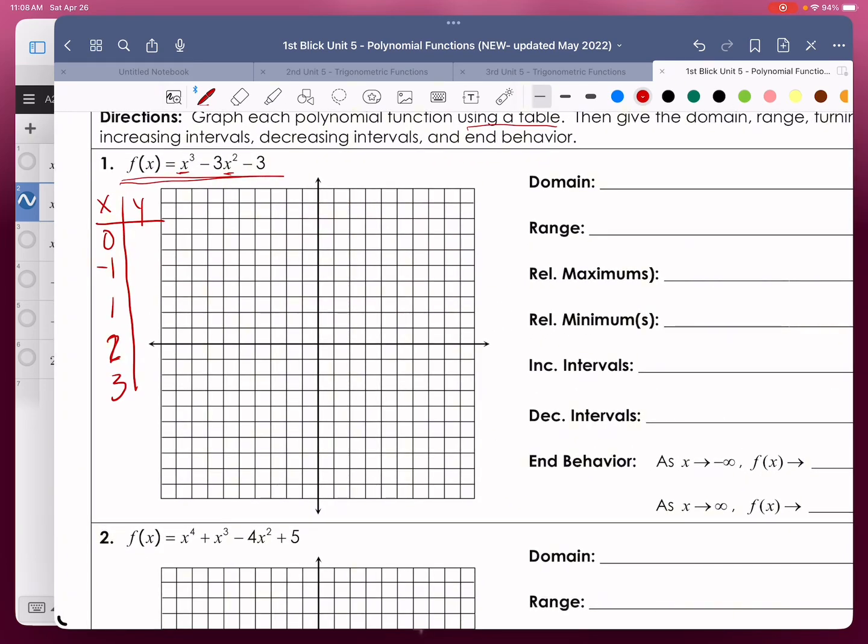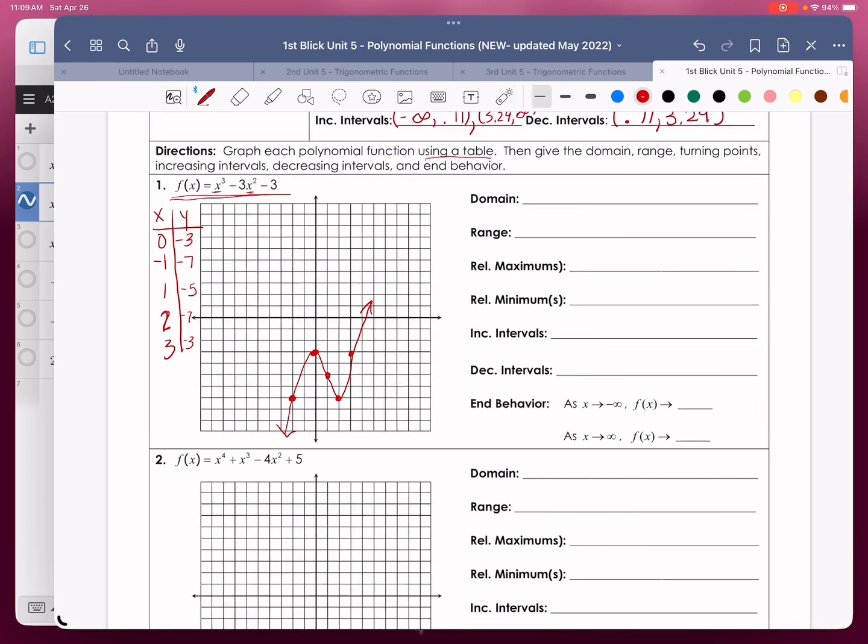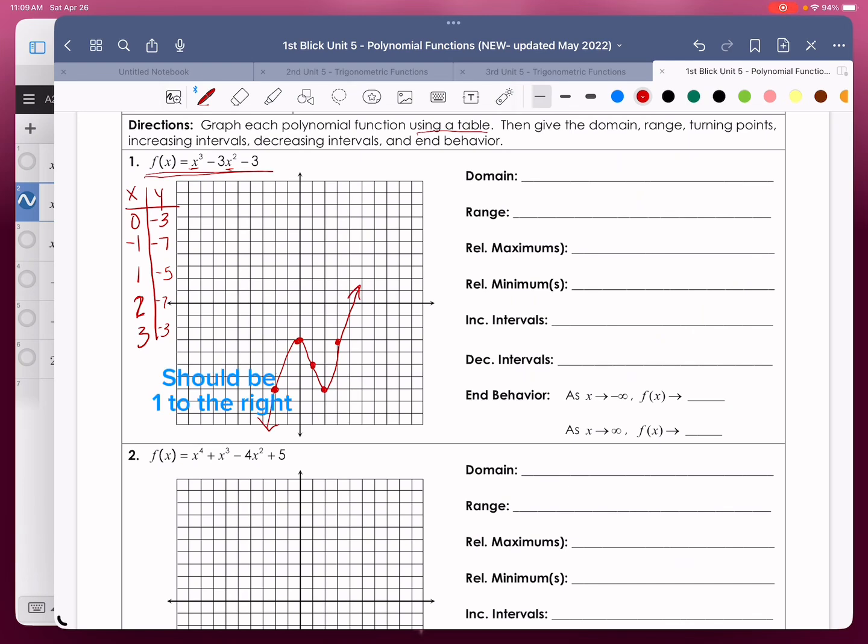So when you put 0 in, that's going to simplify to -3. When you plug -1 in over here, that's going to simplify to -7. When you plug 1, that's going to simplify to -5. 2 will be -7, and 3 will be -3. Okay, so coming over here to describe all of our behavior, what is the domain?